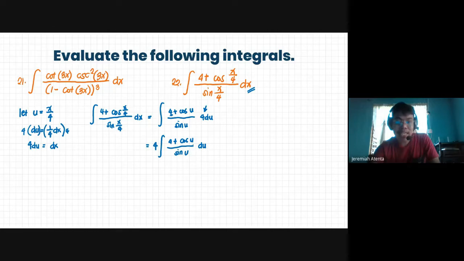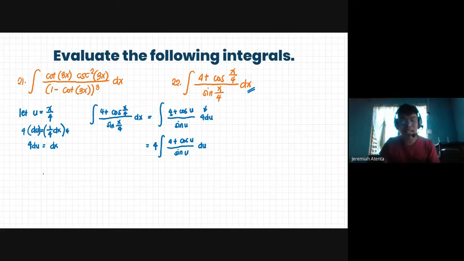The derivative of sine is cosine, and the derivative of cosine is negative sine. However, sine is located in the denominator, and if you differentiate cosine, the sine is in the numerator. Therefore, it is not advisable to let v be equal to cosine, because the sine does not come out.